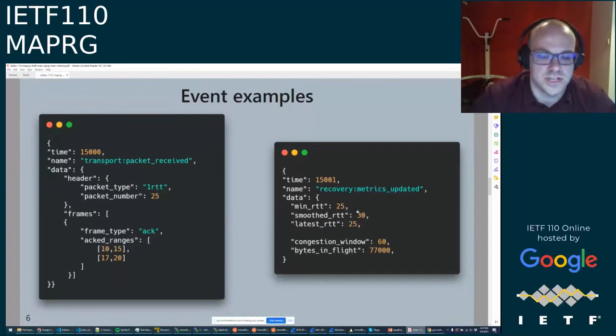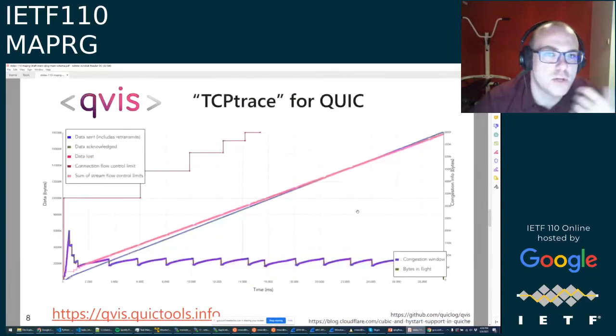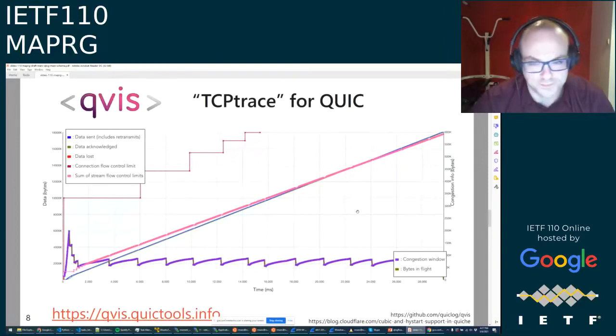Using this across implementations is powerful because then we can build some tools, which we have done in what is called the QVis project, giving us, for example, this kind of sequence diagram showing packets going back and forth, and also the metadata on the implementations, but also quite powerful congestion control debugging tools. Quite interesting because in QUIC it's much easier to experiment with different congestion controllers over time.